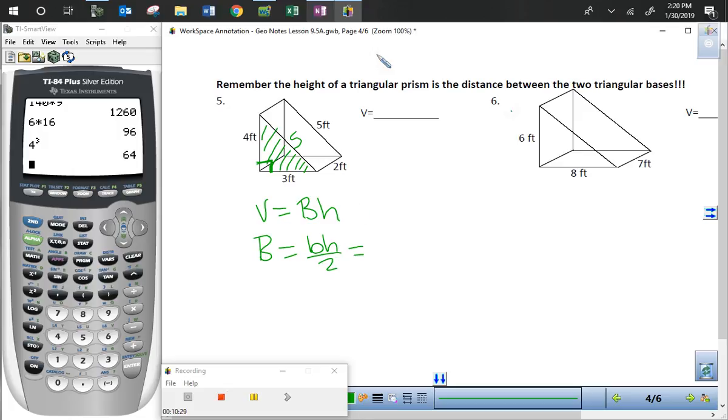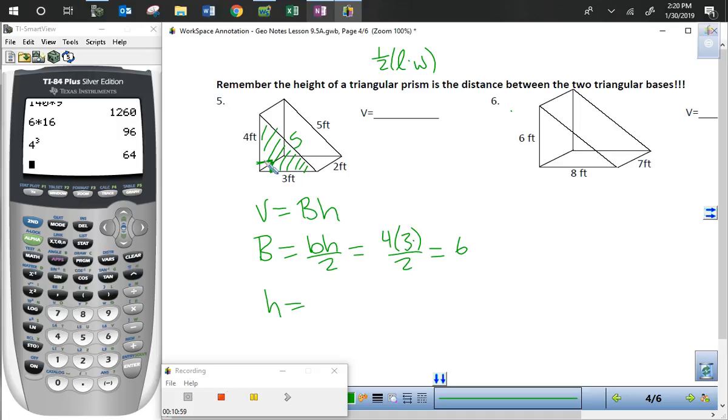This is on the top of your sheet, the 1/2 length times width. They use length times width instead of using that B repeated. But we're just going to go ahead and take the height and the base, the two numbers that meet at the right angle, and divide it by 2. So 4 times 3 is 12, divided by 2, 6. Height, remember, you got to be careful here. Height is not going up and down on this one.